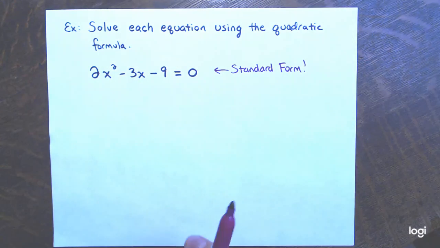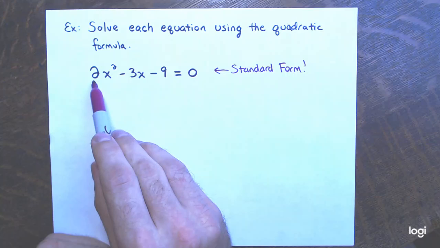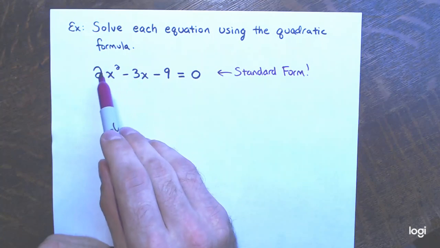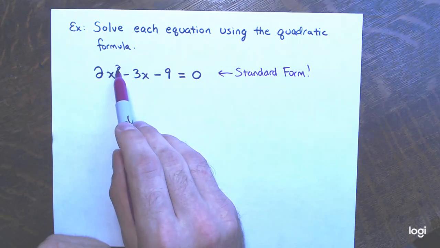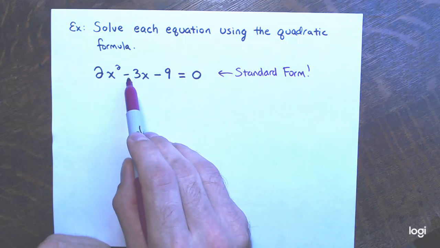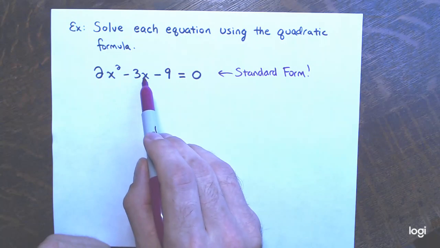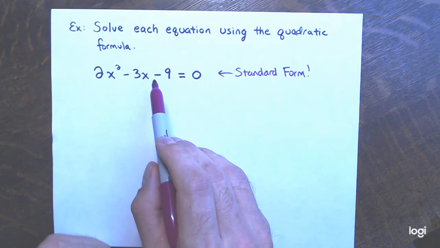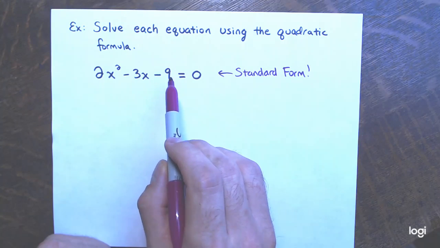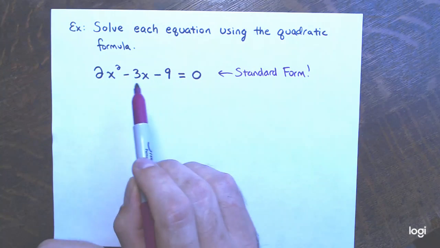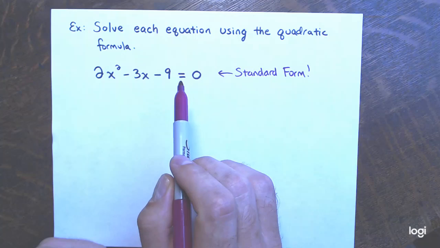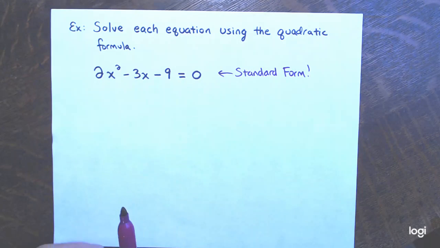It has to be that way to start. 2 times x squared, right? A number times the variable to the second, plus the next term, a number, negative 3, times x to the first, then plus your last term, another number, negative 9 here. Ax squared plus bx plus c equals 0. So I'll identify the coefficients.